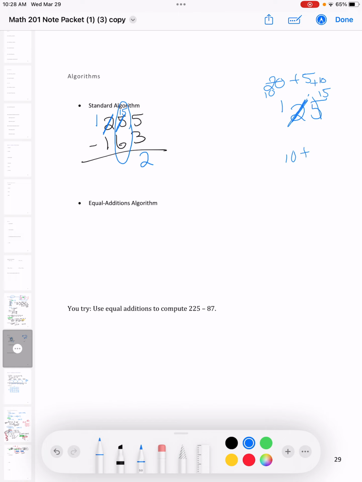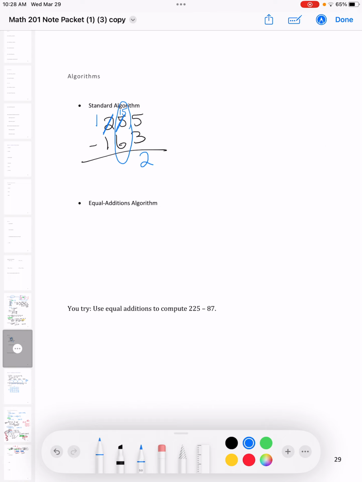So that's really 10 plus 15, and that still gives me 25. So I'm just rearranging where I want the numbers to be. And instead of it staying in the 100 spot or the 10 spot, I'm changing where I'm allocating that. Just kind of taking some money from one person and giving it to another, but it's still the same amount.